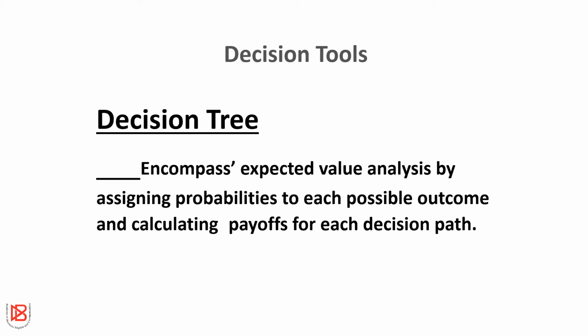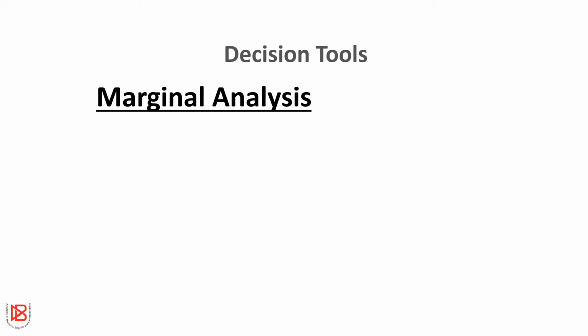This is very important: assigning and calculating the payoff for each decision path. This is the reason why a particular decision has been taken. So we will try to quantify the decisions in terms of value, assessing whether the probabilities will actually be achieved or not, and then have the risk reward ratio that needs to be taken care of.